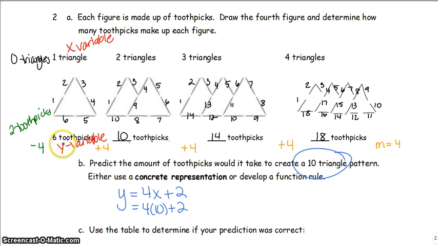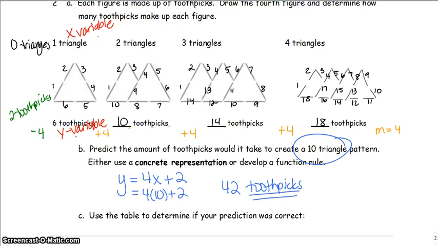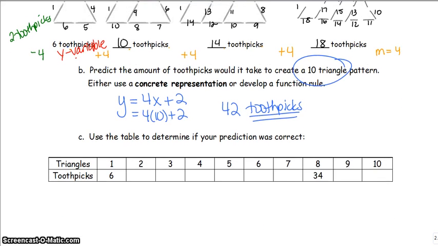The number of toothpicks is going to depend on how many triangles you have. Therefore, the dependent variable is the y variable, the independent is the x variable. And that gives us that we're going to have 42 toothpicks. And again, remember, we have a word problem. We have something that we're talking about, so you must label your answer with toothpicks. You can't just tell me that it's 42.